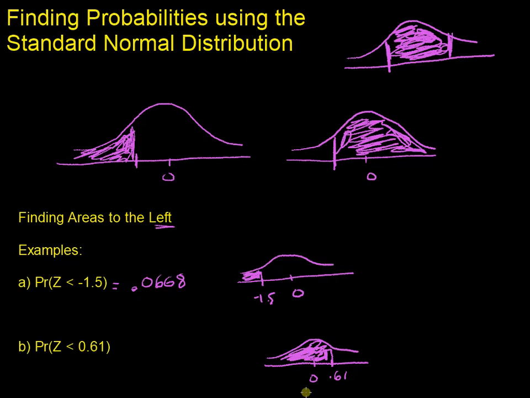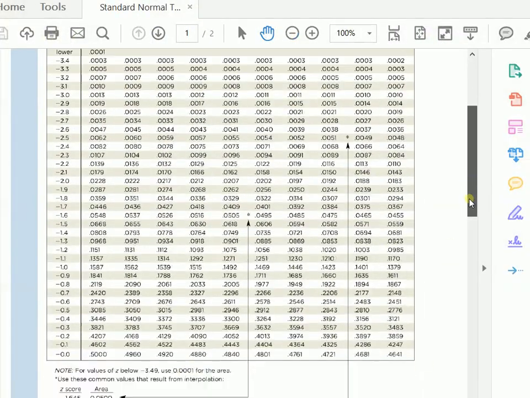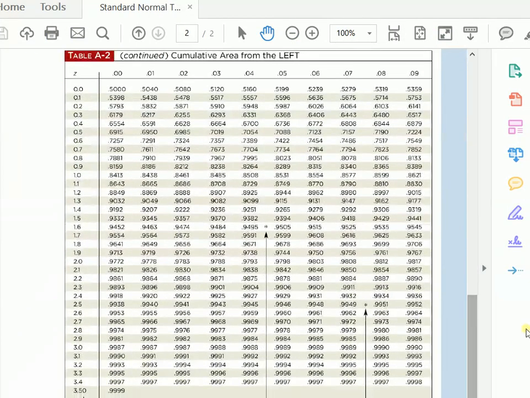All right, let's go to our table and look up 0.61, on the positive side of the table. So 0.6, there it is. And then the second digit is 1, so 0.61, there it is: 0.7291.